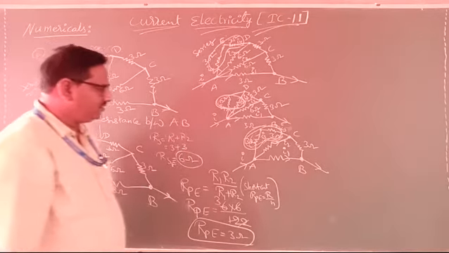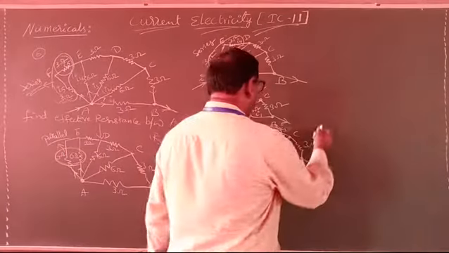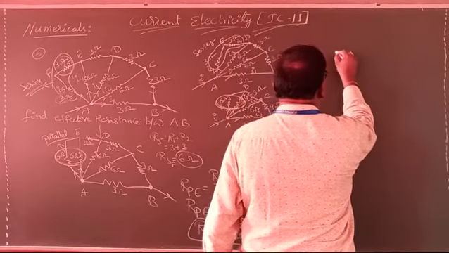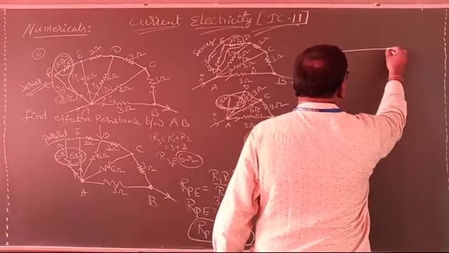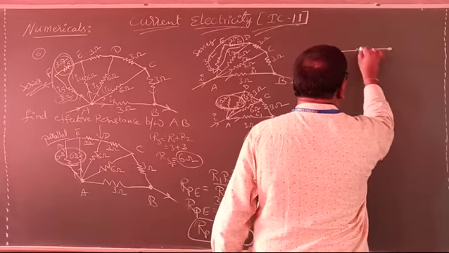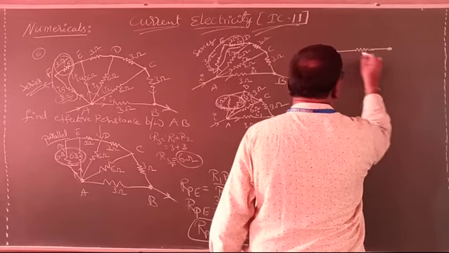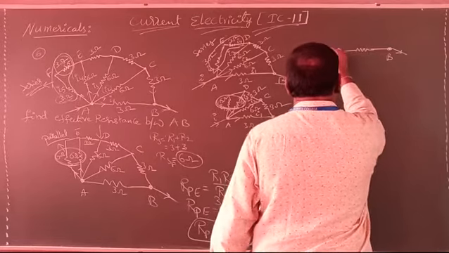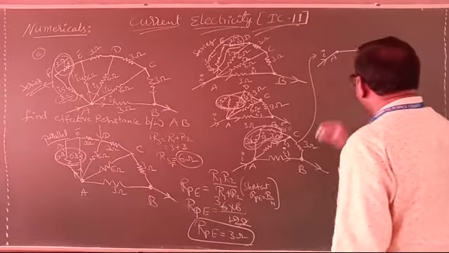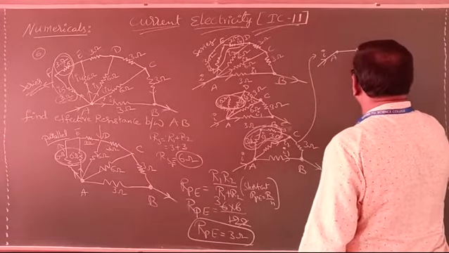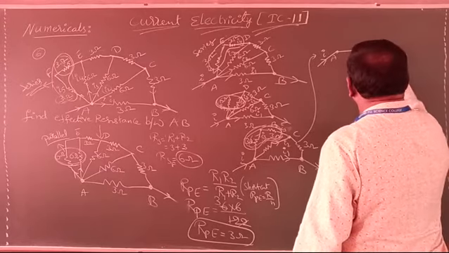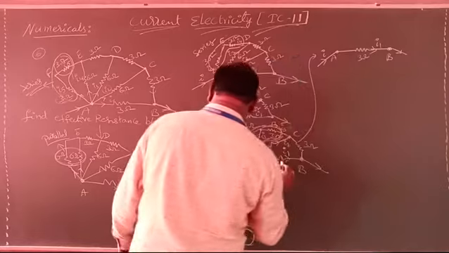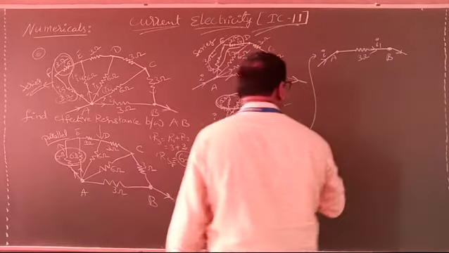Now this circuit I want to write again here. Between A and B, this is A and B, here we have one resistor, this point A and this point B. Here current I will pass, so in this resistor the current will be I1, here a 3 ohms resistor, clear?